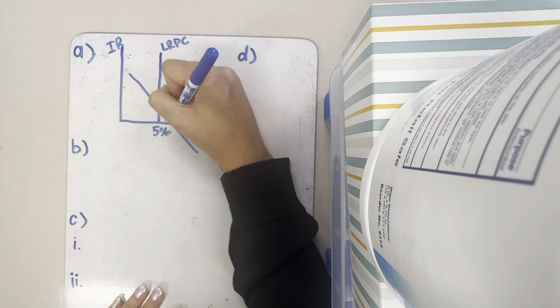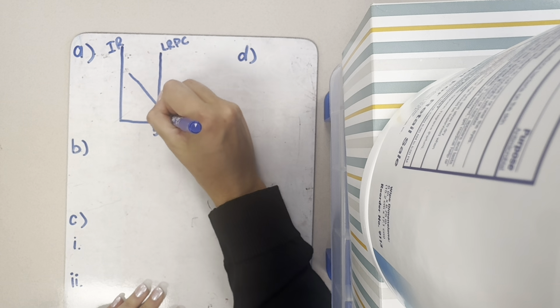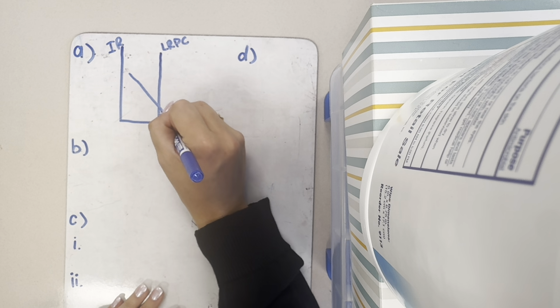We will then draw the short-run Phillips curve at a 7% unemployment rate, but at a 1% inflation rate, and we will mark that as X.